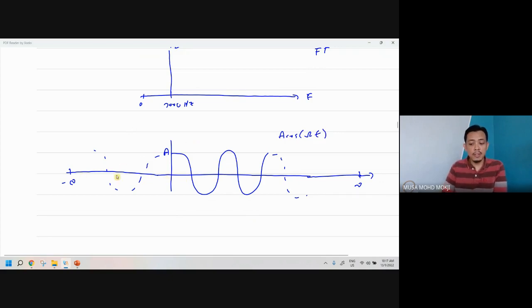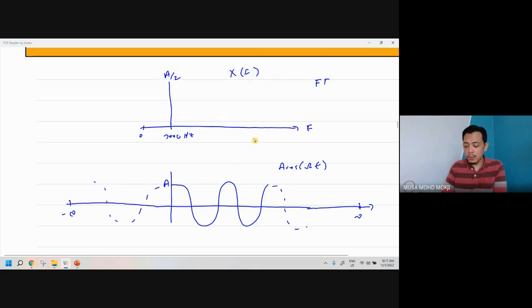The signal starts from minus infinity up to infinity. This is what we call periodic. Then if you do a Fourier transform here, you will get one peak only. The rest will be zero. And the y-axis value, the magnitude, is A over 2.